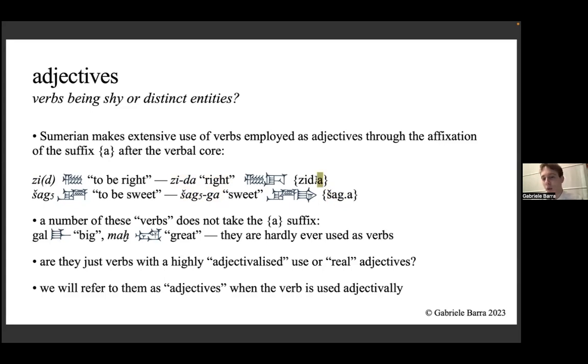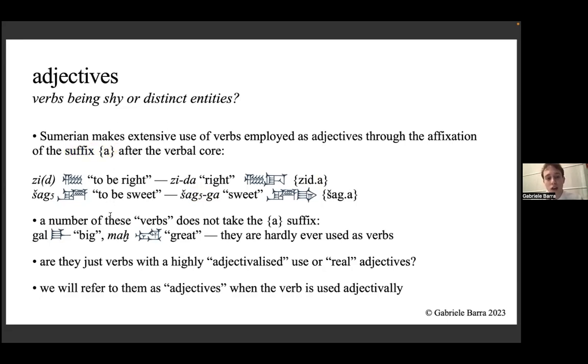Since the suffix is a vowel, you usually get the duplicated consonant at the end. Sometimes you don't, but in most cases you do. Like here, shag5-ga. The g is part of the shag. For some reason, some verbs do not take the suffix a, so they might be real adjectives.